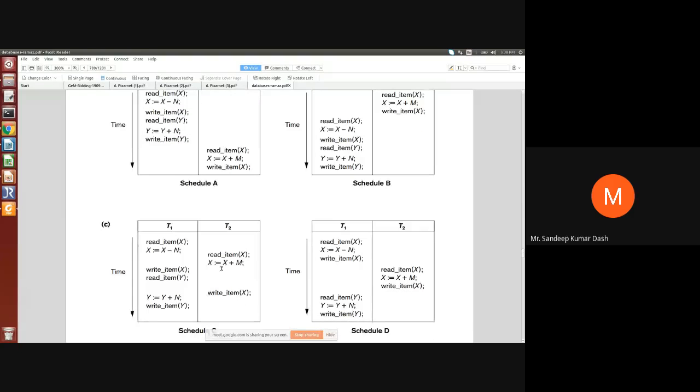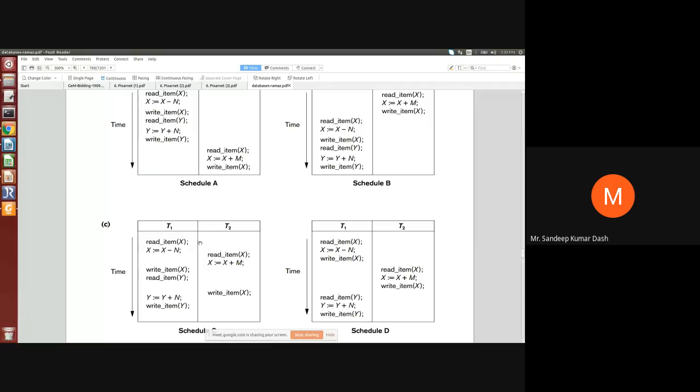You cannot do that because, see here, suppose I am trying to move this all up. Write item X will not be conflicting with this, but it is conflicting with this. So it cannot move up. Similarly, read item X with write item X is conflicting. So this cannot move down. So neither can you move this up nor can you move this down. So none of the operations are changeable.